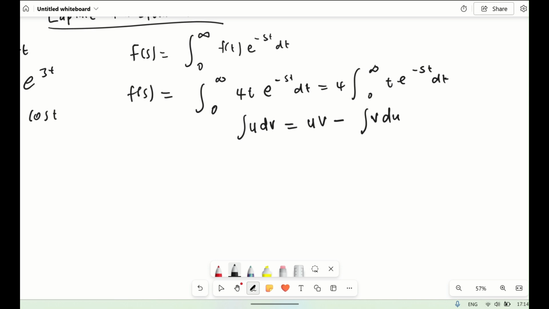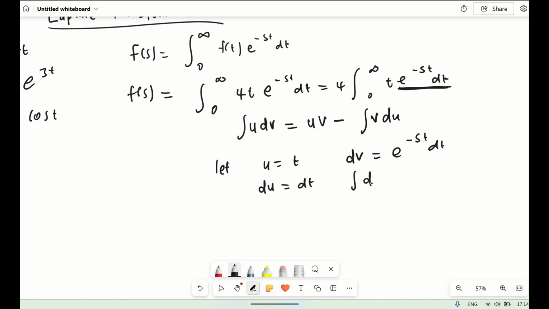So now we're going to let our u be equal to t, so that means our du equals dt. Then our dv is the remaining part of that equation, which is e to the negative st dt, and we integrate both sides.